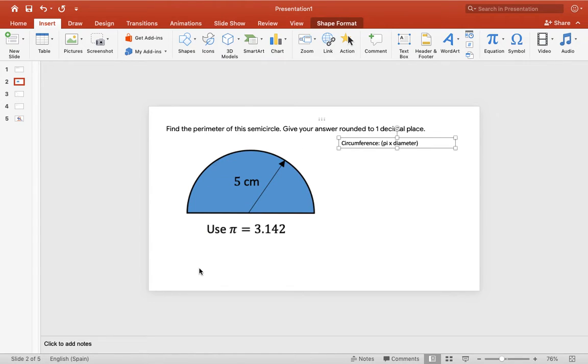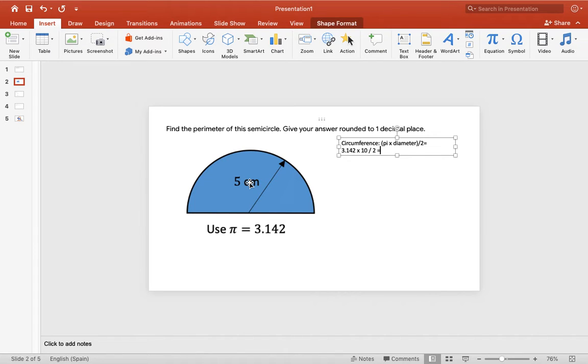So this is the full circle, and to find the circumference of half a circle, you need to divide the whole circle by 2. So we get the following: pi is 3.142 times diameter. Now be careful, this is the radius, so we need to take this as 10 for the diameter, and then we need to divide the whole thing by 2.